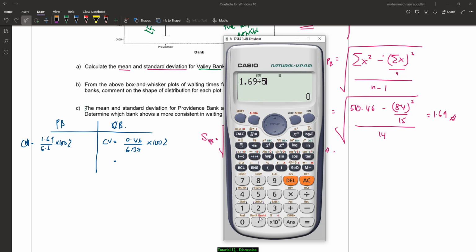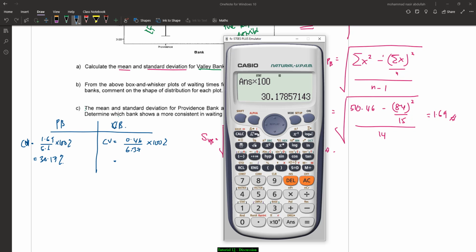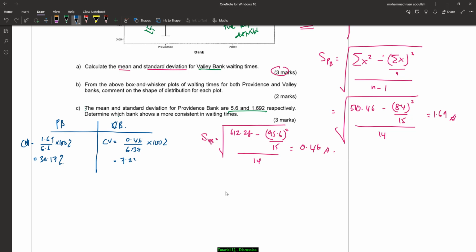PB dapat berapa? 30.17%, right? And for VB, 0.46, which is 7.22, right?